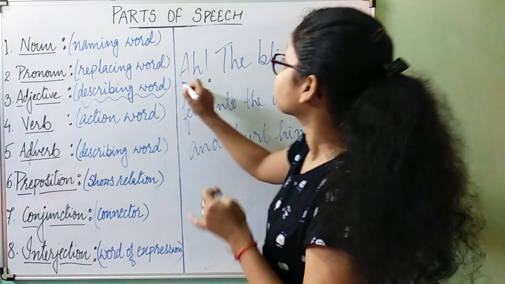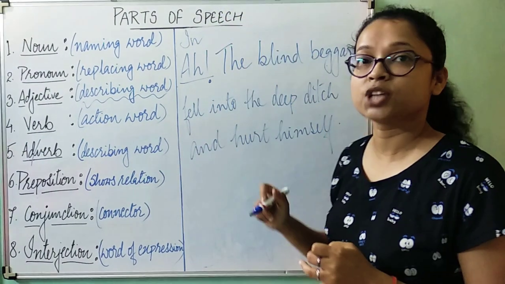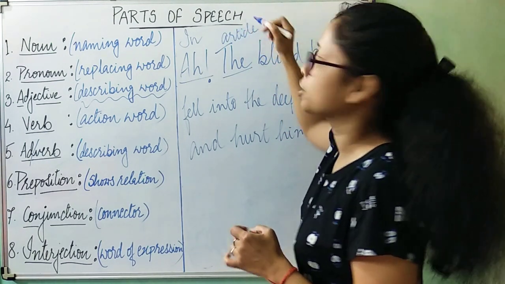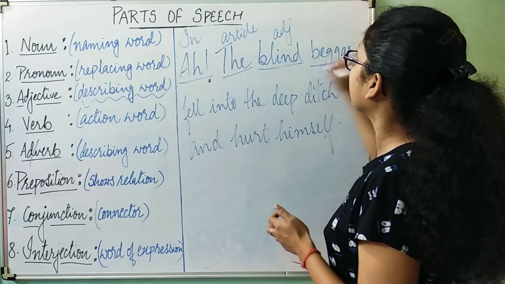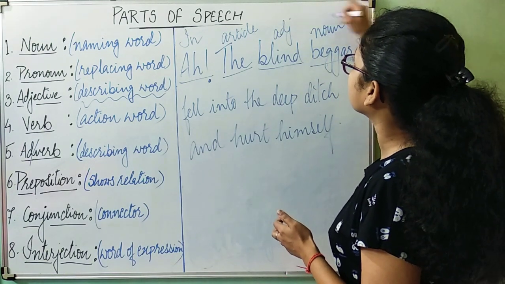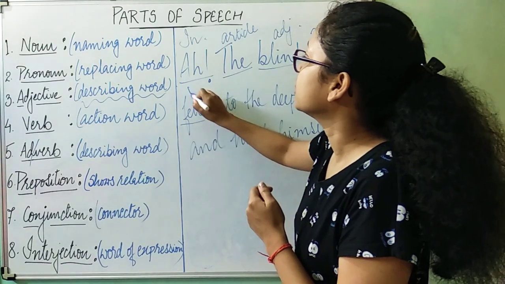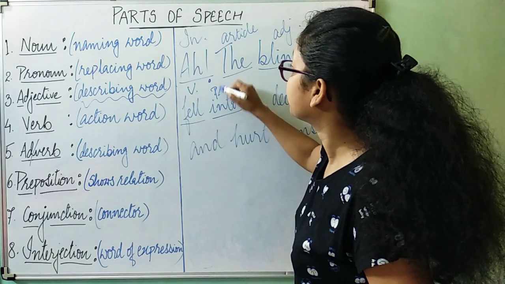See, over here, alas is an interjection. The is an article, which we are going to talk about later. Blind is an adjective. Beggar is a noun. Fell is a verb. Into is a preposition.